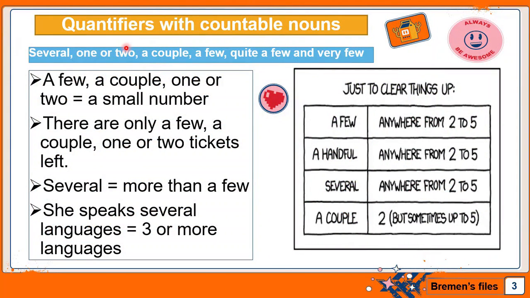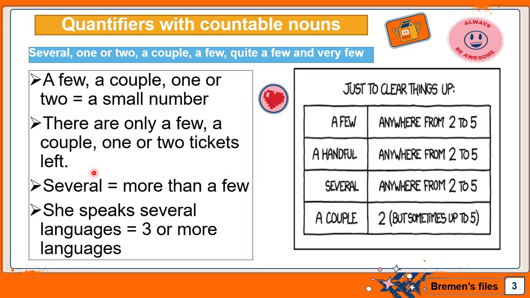We move to the quantifiers with countable nouns. The first are several, 1 or 2, a couple, a few, quite a few, and very few. What about the meanings of these terms? A few, a couple, 1 or 2, the meaning is a small number. There are only a few, or only a couple, or only 1 or 2 tickets left.